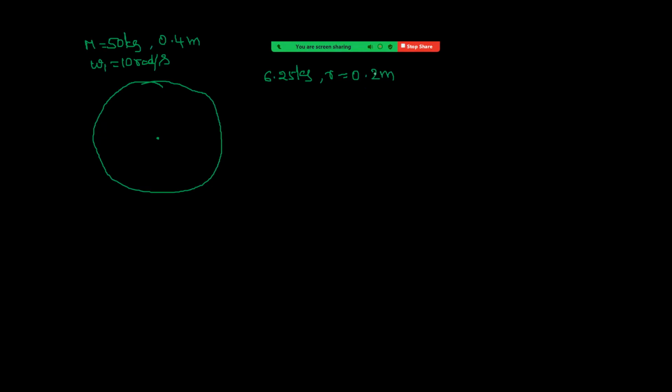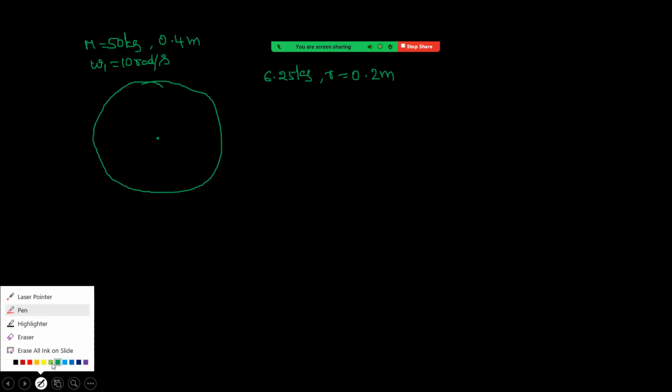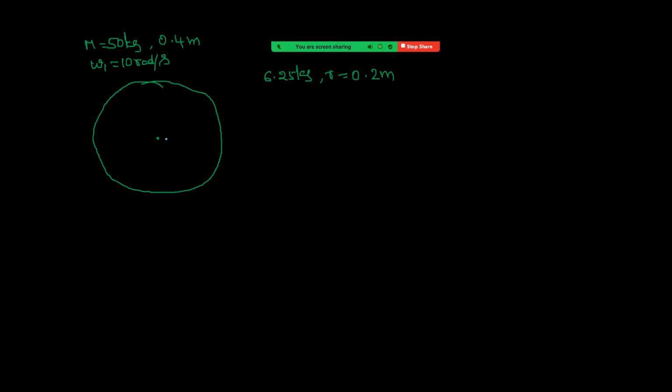gently placed symmetrically on the disk in such a manner that they are touching each other along the axis of the disk. So this is more important here. So how are they placed? It is given that they are placed symmetrically, touching along the axis of the disk.